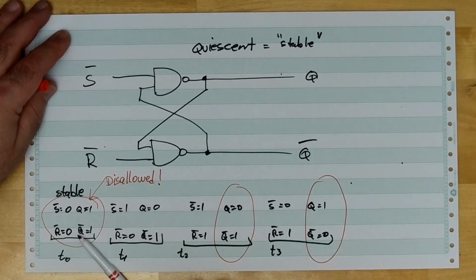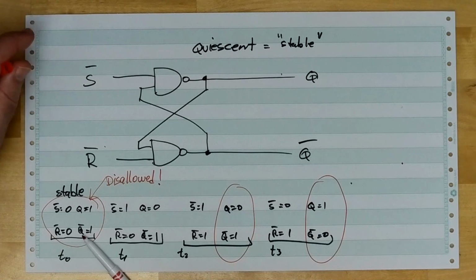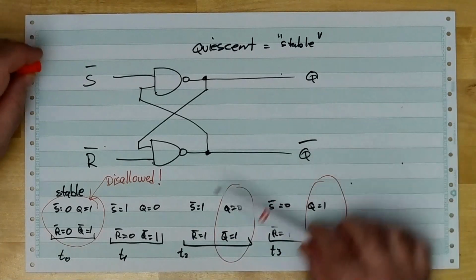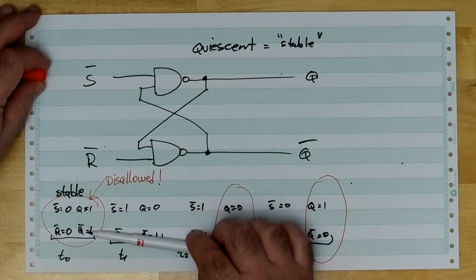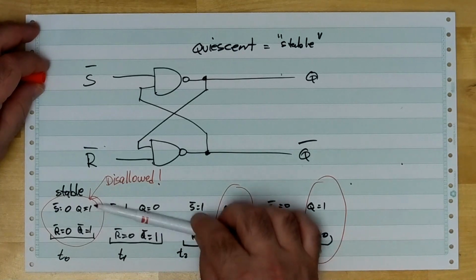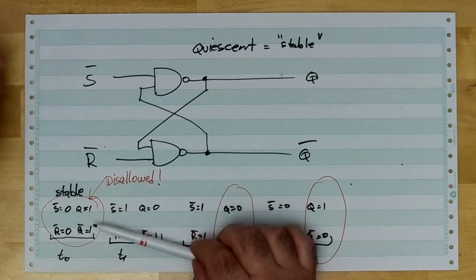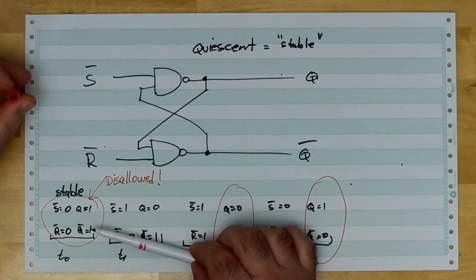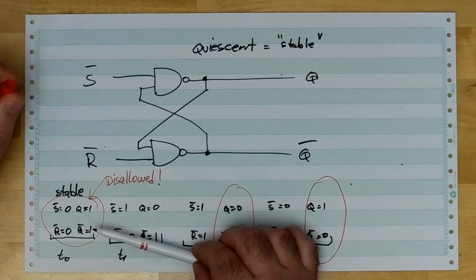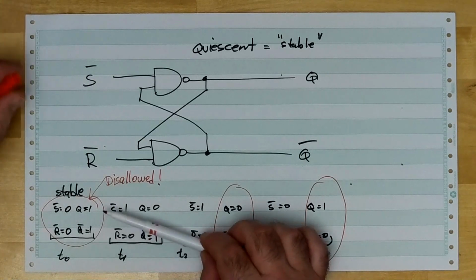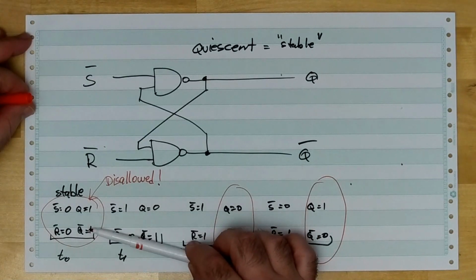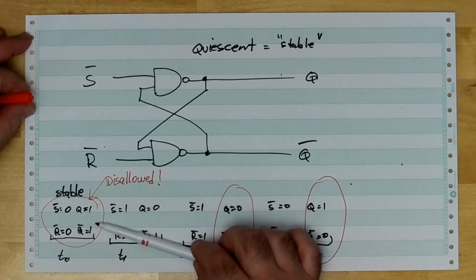If you do this, you can end up with a weird situation. Quite as evidenced by the fact that if you call something Q and another thing Q bar, and they don't represent the complement of each other, this should suggest that something bad has happened or that we've misnamed it. Okay, you can misname things and confuse people, but this really is what you want to name these, and this is normally what we call a disallowed state.